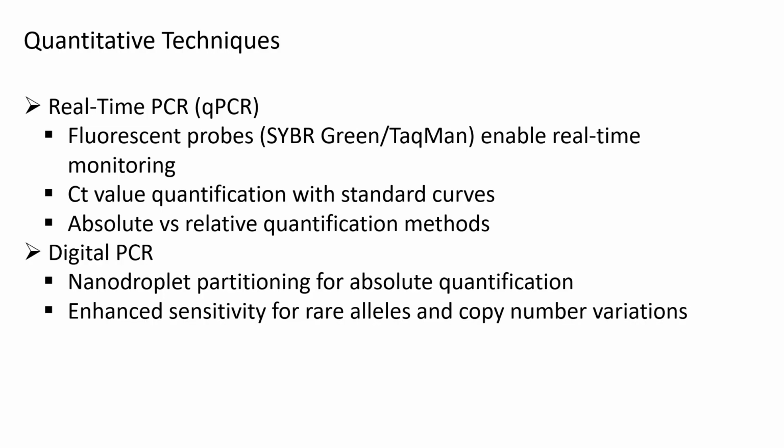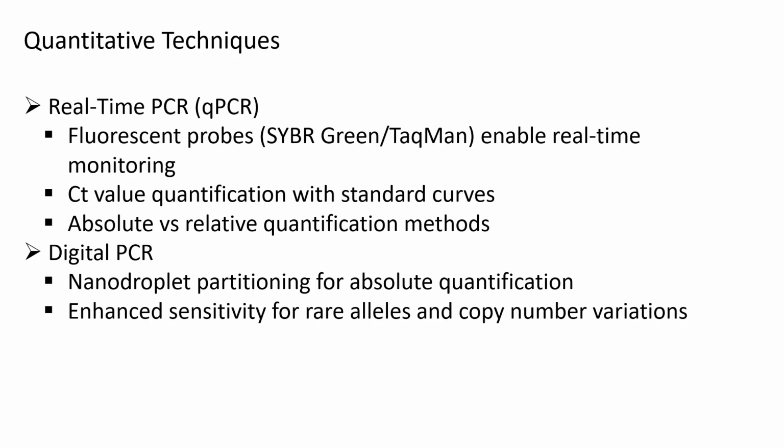These fluorescent probes are in a way the label. You are not directly quantifying the DNA or nucleic acid material that is getting amplified; you are seeing the fluorescent label, so you are indirectly detecting it.